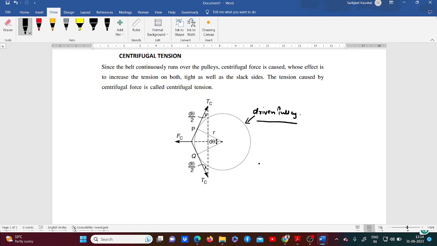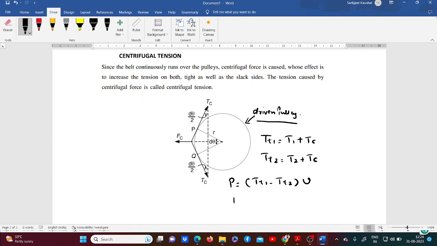So due to the effect of this centrifugal force, the tension in the tight side of the pulley is now T1 plus Tc, and the tension in the slack side of the pulley is T2 plus Tc. Earlier the power transmission was T1 minus T2 into V. Now the power transmission will be Tt1 minus Tt2 into velocity.